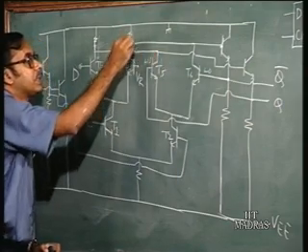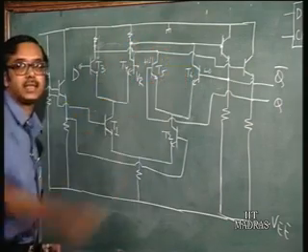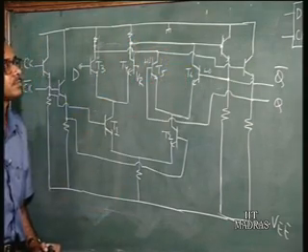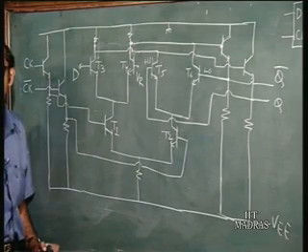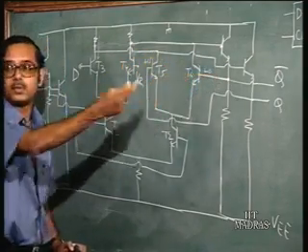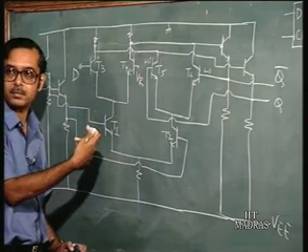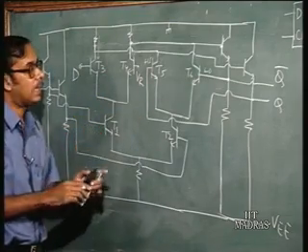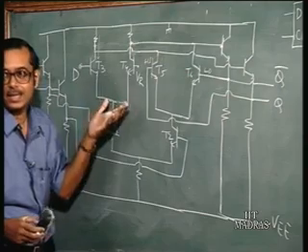And since there was no current flowing in T4, T6 is not going to draw any current. So, again Q bar will be low, Q is going to be high, and you retain the original condition.